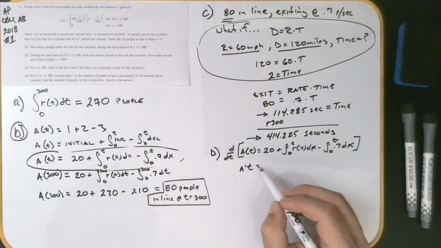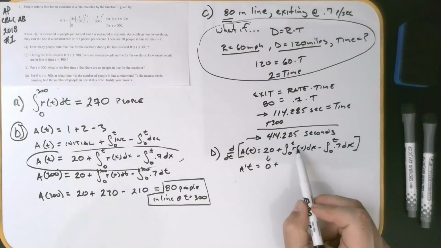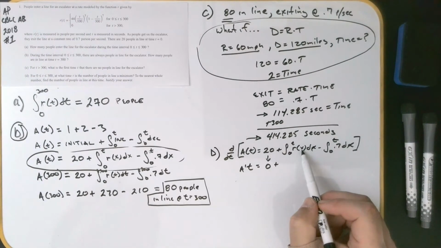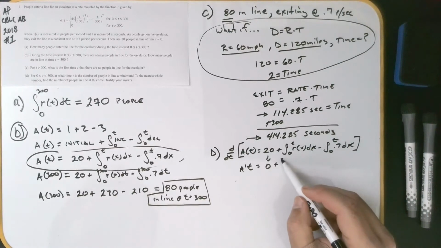So A prime of t is equal to, the derivative of the initial amount is 0. And here's that tricky part again, where the derivative is canceling out the integral, but I have to replace the variable with the variable of the interval times its derivative. So remember, here are those 4 spots.